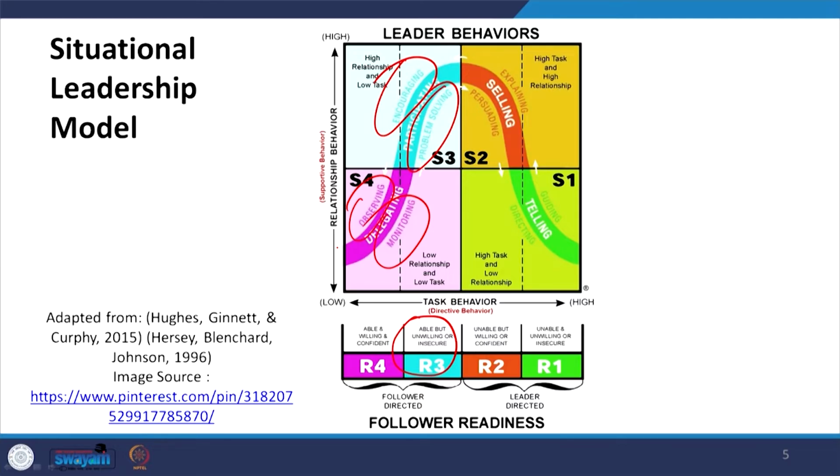And whenever you have these competent employees, those who are able and willing, then definitely you can give the delegating style. So these 4 leadership styles, telling style, selling style, participating style and delegating style, depend on the R1, R2, R3 and R4 situations, that is, the maturity level of followers.